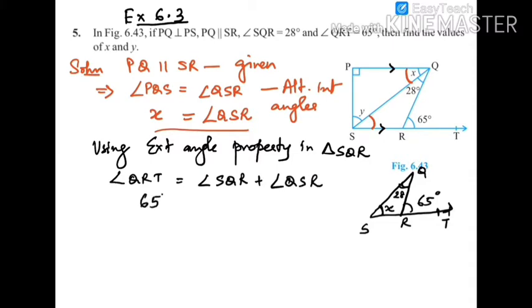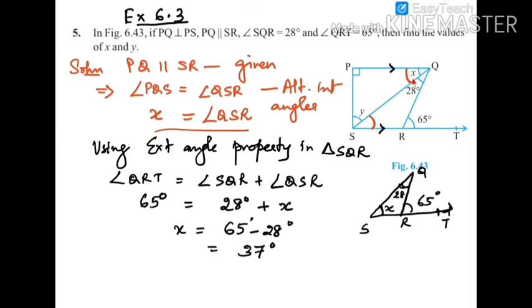So 65 degrees is equal to 28 degrees plus X. Solving this, we get the value of X, that is equal to 37 degrees.